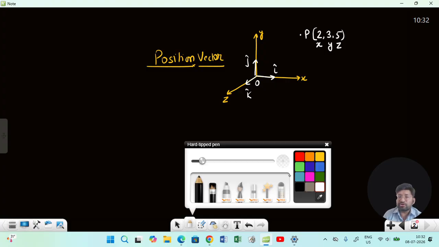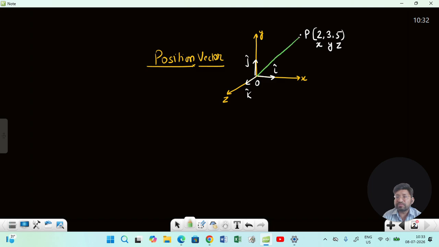If we draw a line from the origin to point P, this OP vector is the position vector of point P.